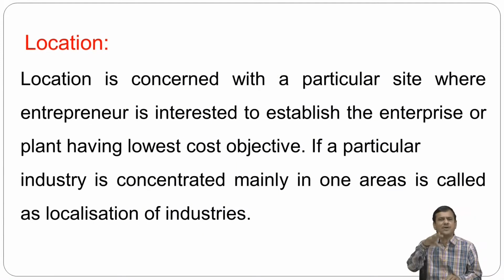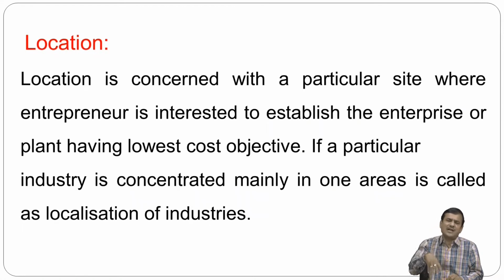Location means a particular site, a particular place where a businessman, who is also known as an entrepreneur, is interested to establish, to structure the plant or the enterprise by spending the minimum, lowest cost. And a particular area which is connected with that particular industry is known as localization of industry.